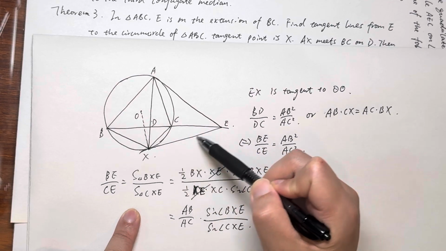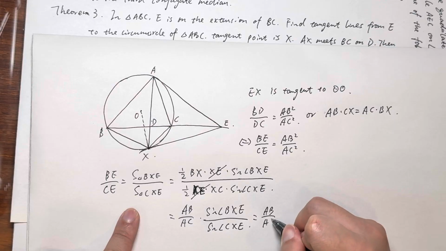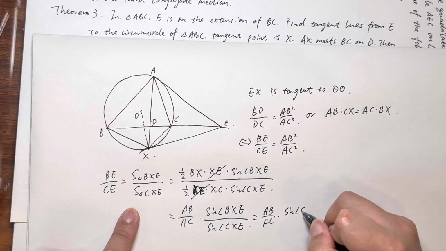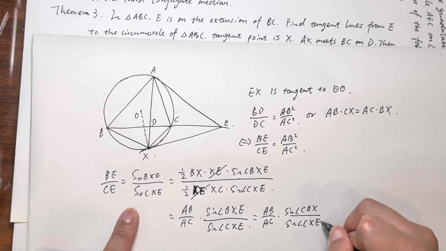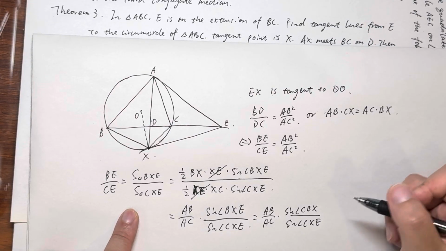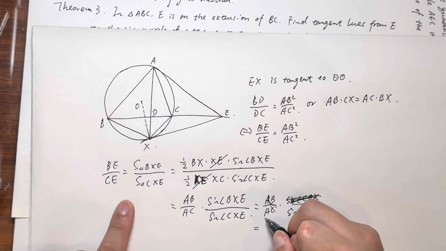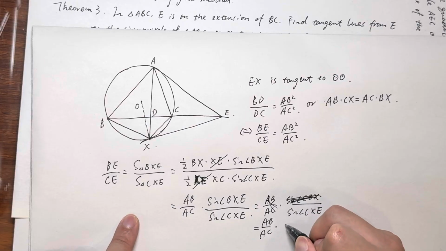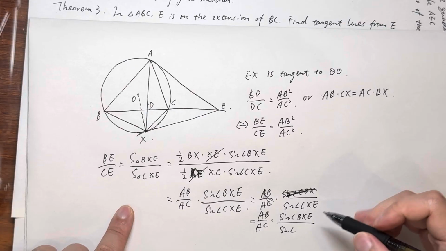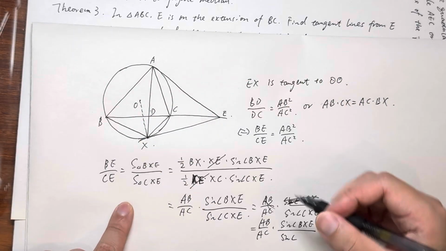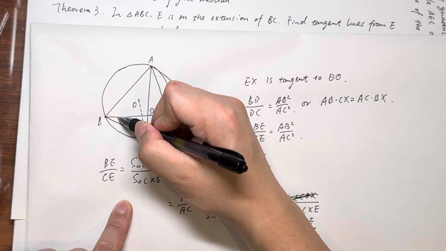It equals AB to AC times sine angle CBX to sine angle CXE. Oh, sorry. Should be AB to AC times sine angle BXE to sine angle CBX, right? Because angle CXE equals angle CBX.